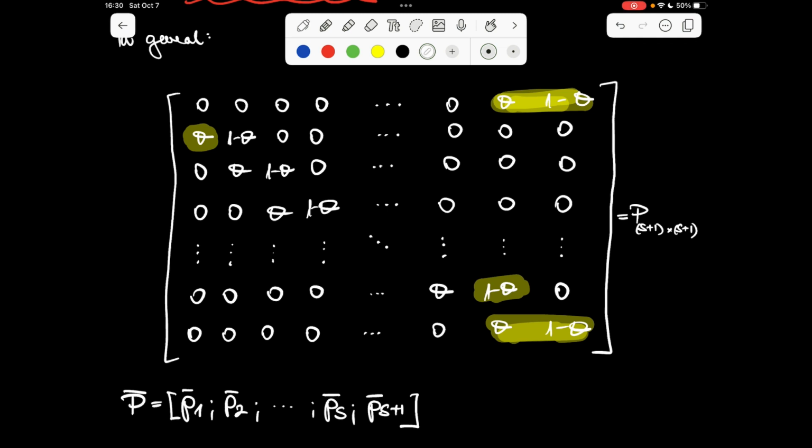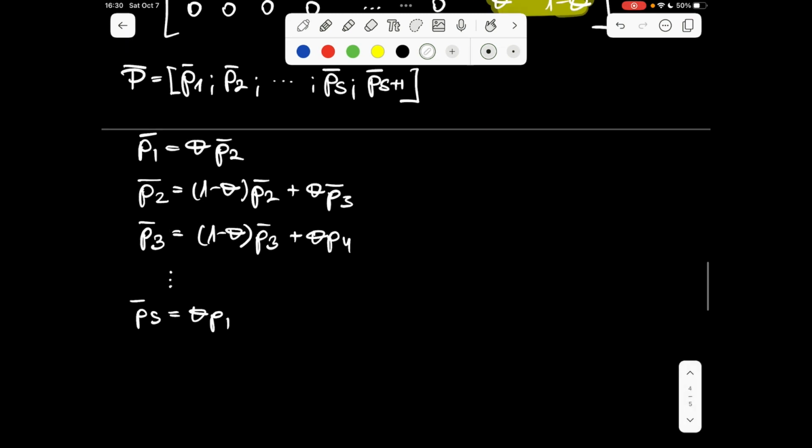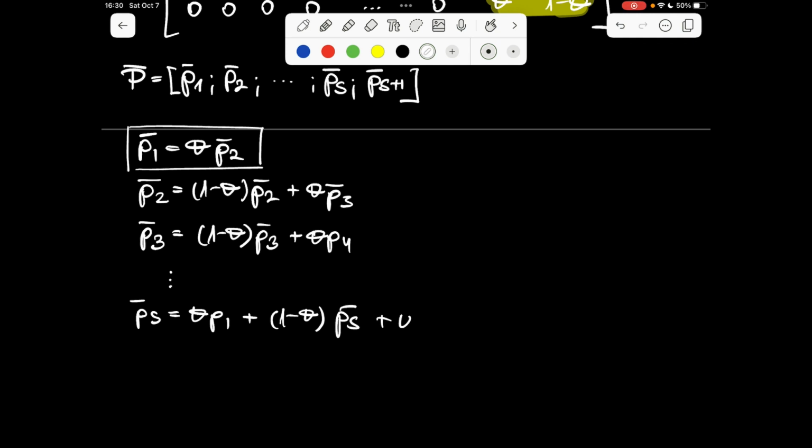So this is the reason why we need to pay attention to this equation and to these two equations, because they are special on the basis of what we have just seen, on the basis of the Markov matrix.